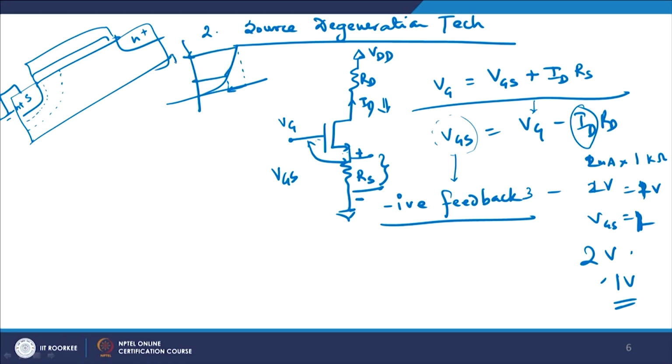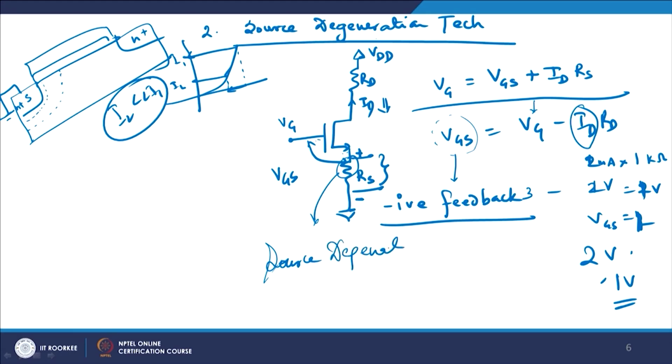So you had I1 and I2, where I2 is much smaller as compared to I1, and automatically you get a much more stabilized system. This resistance is known as the source degeneration resistance.